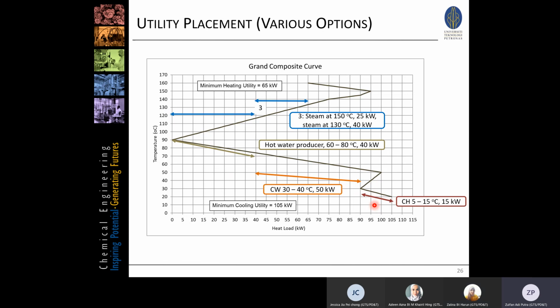If we say that 40 kilowatt is very small, and then also not going to be a significant amount, not going to be profitable, for example, so we just better send all of this to cooling tower. That can also be a scenario.